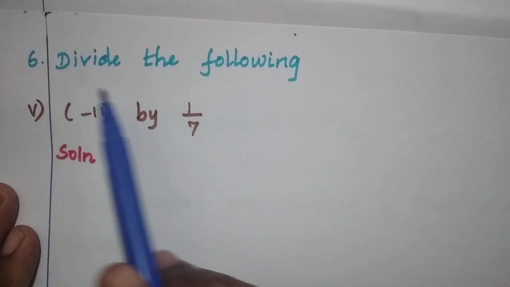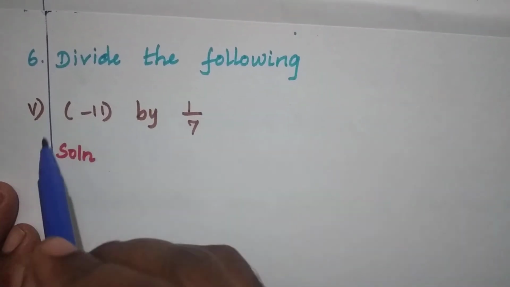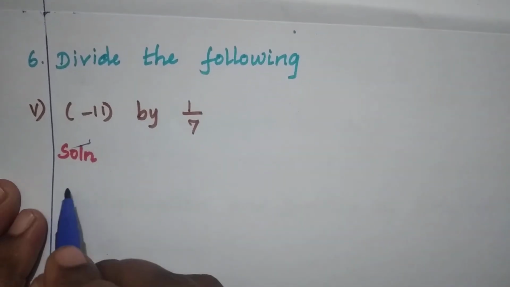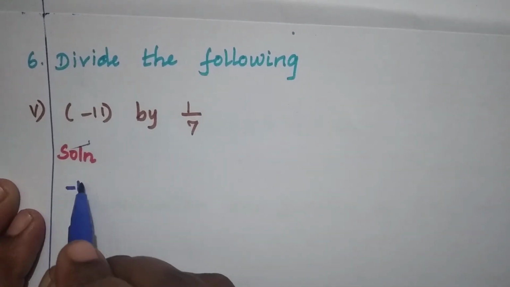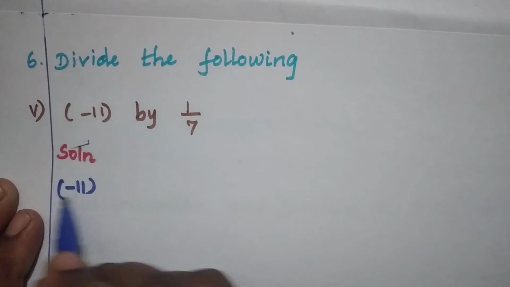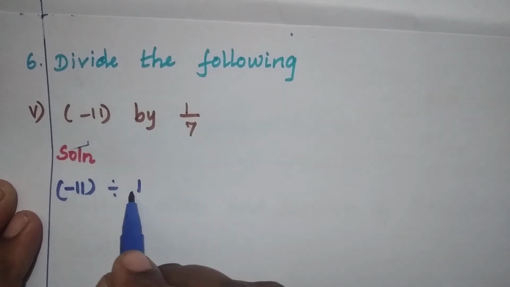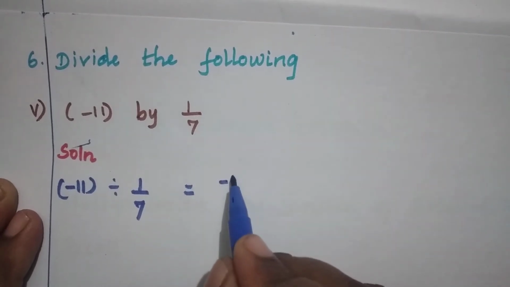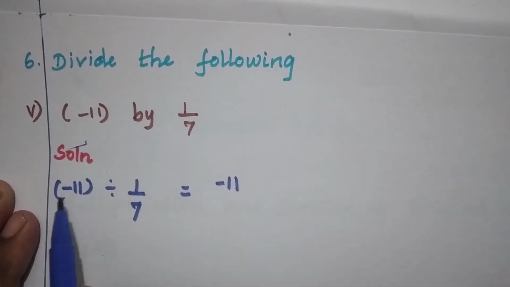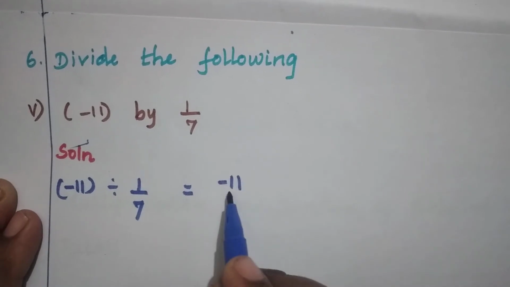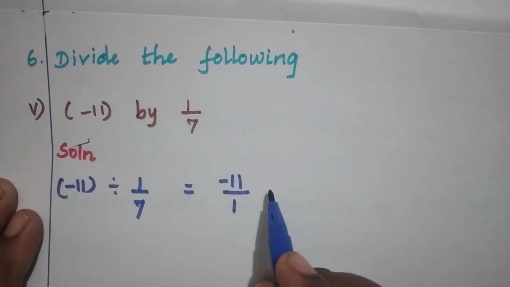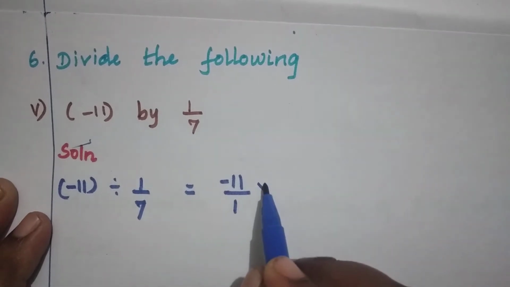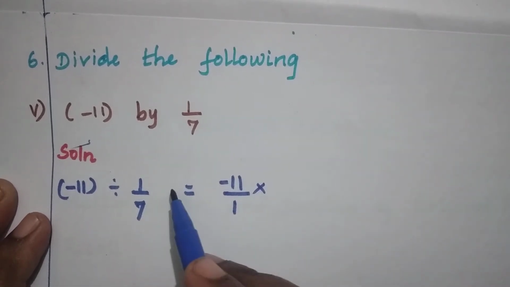Sixth question, divide the following. Minus 11 by 1 by 7. So it's given in the question that minus 11 divided by 1 by 7, which is equal to minus 11. So here the denominator is not given, so we can take that as 1. We have to change this division sign into multiplication and write the reciprocal of the second number.